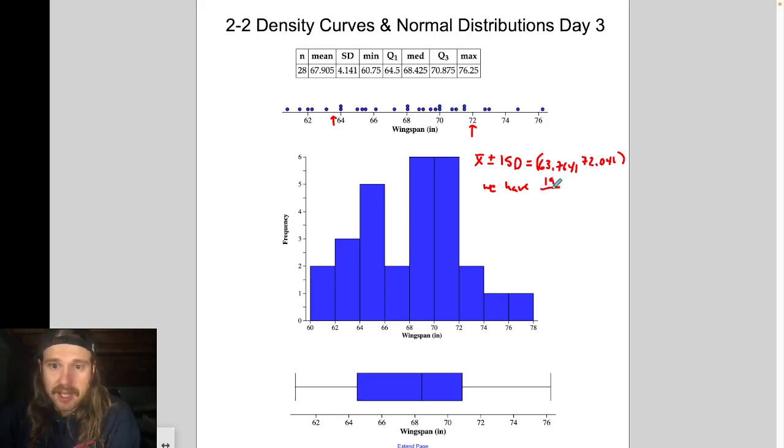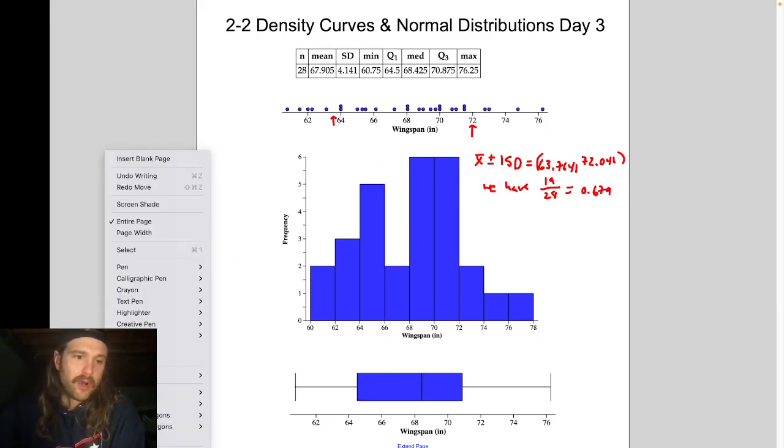We have 19 out of 28. 19 divided by 28 is roughly 0.679. So that's really close. Nice job. Way to go, Wingspan. Hey, class, I don't mean to alarm you, but you might be normal.